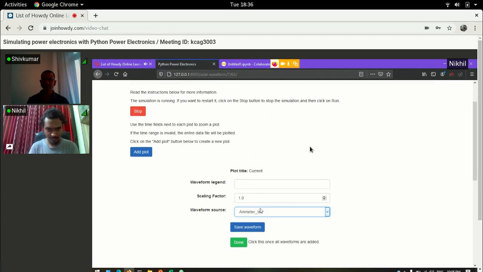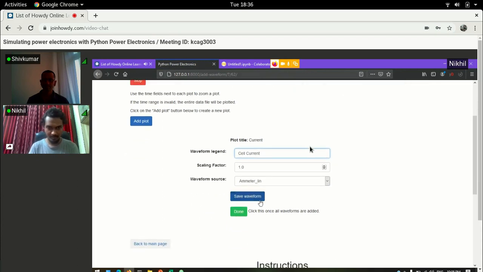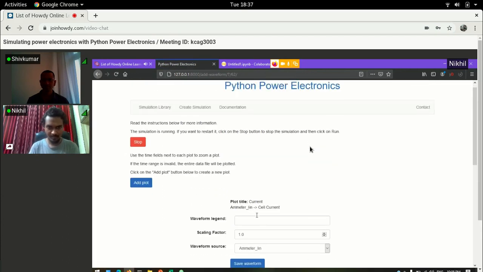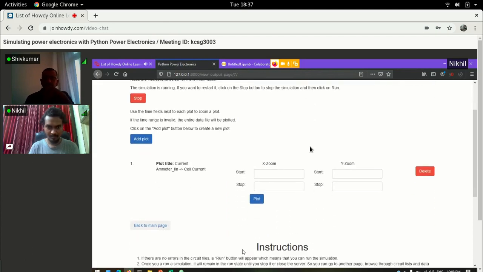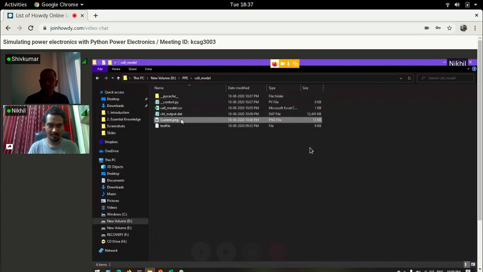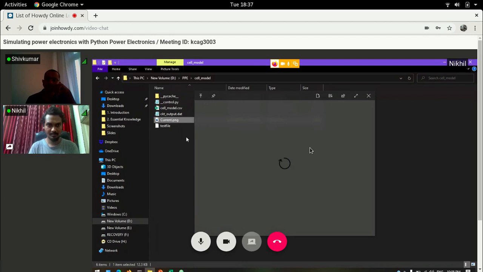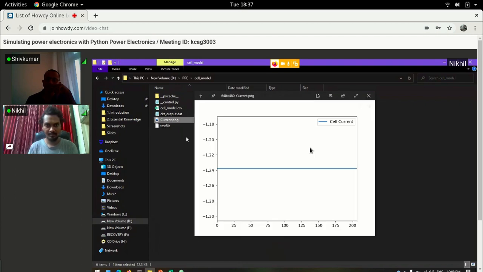Yeah, that is the one. Yeah, you can plot it. See what happens. The reason why it's negative is because it's charging, which is expected.